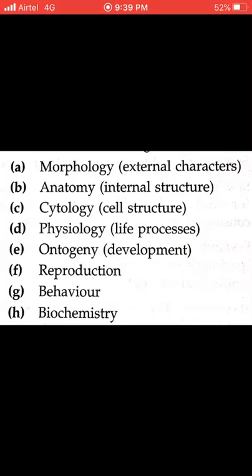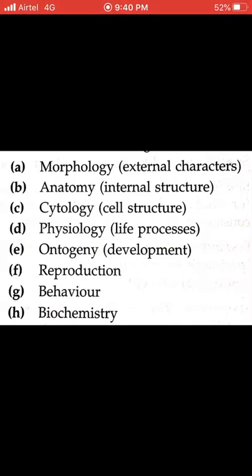Then physiology: how a certain living organism carries on its processes is known as physiology. How it carries on the life process, on which geographical location it is found, what the nutritive habits are, what the reproductive cycle is, all are physiology.